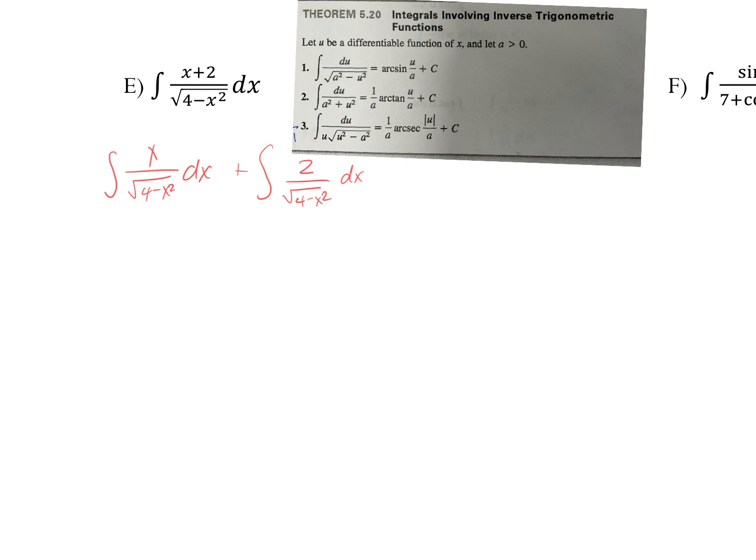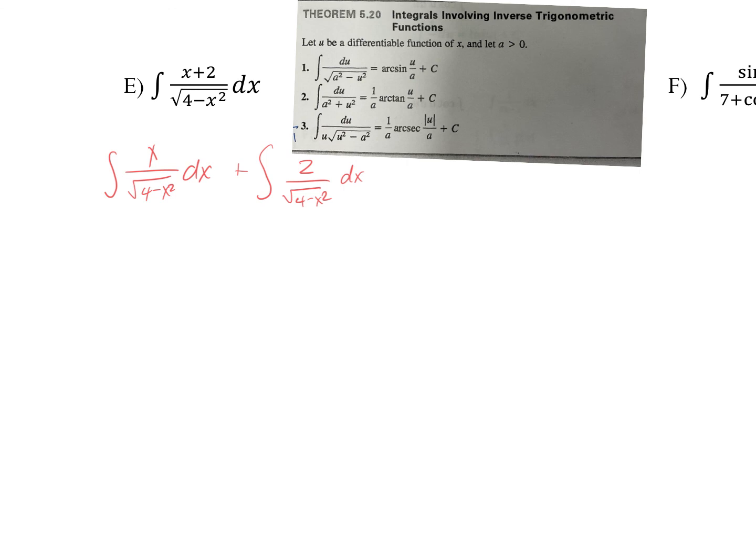Do any of either of these match any of these rules? Which one does it follow? Now with that x on top, it doesn't, right? What about the second one? Does the second one follow one of these rules?